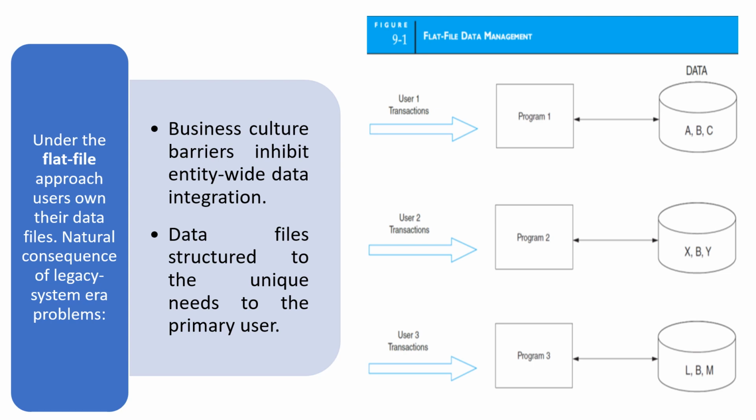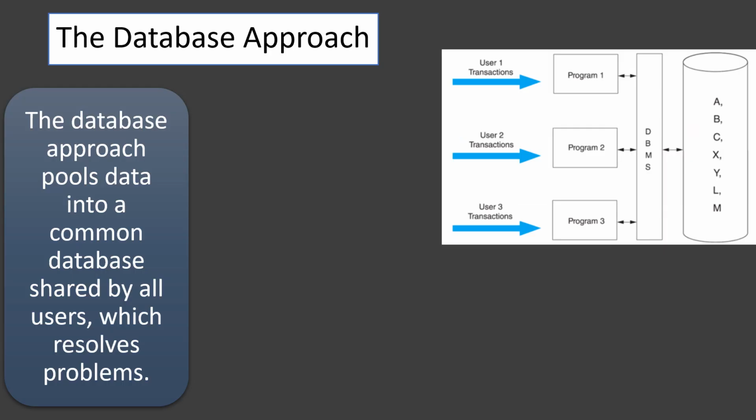You see here we have separate databases and separate users. So each user has a separate database and software. This is the traditional approach, and there are many issues related to it in terms of redundancy and other matters that we explained in chapters 1 and 2. So let's move to the DBMS approach, or integrated data.